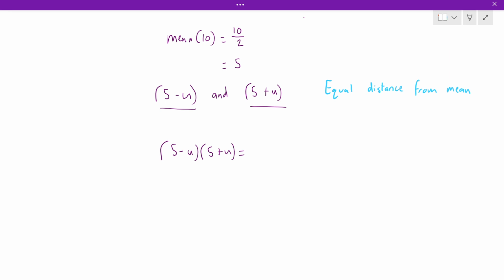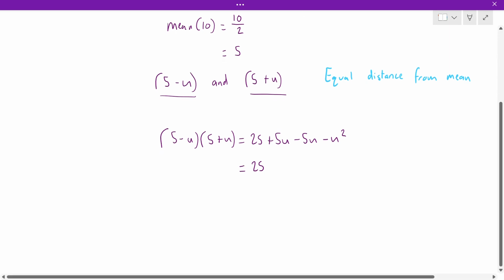That equals 5 times 5 is 25, 5 times u is plus 5u, negative u times 5 is minus 5u, and negative u times positive u is minus u squared. Let's simplify. 25 stays the same, plus 5u minus 5u cancels out, so we're left with negative u squared.